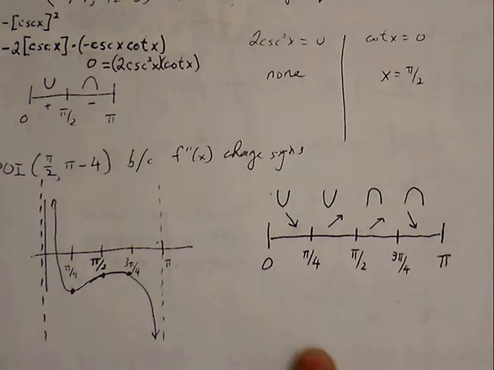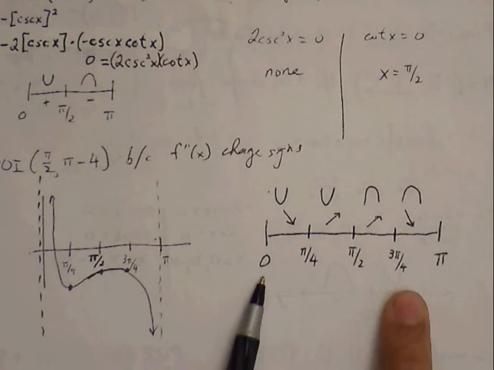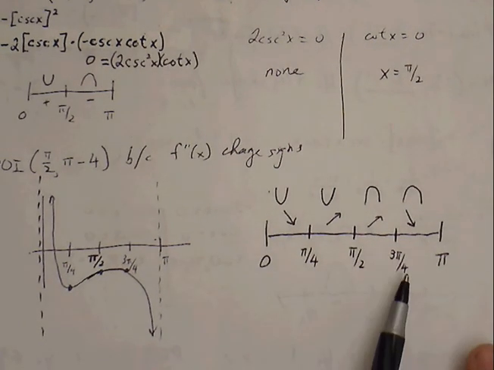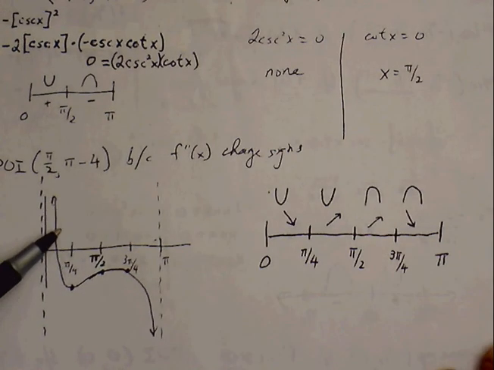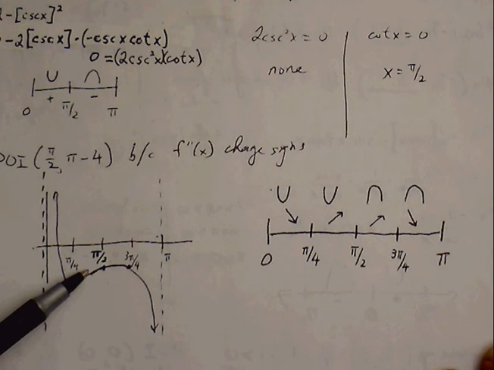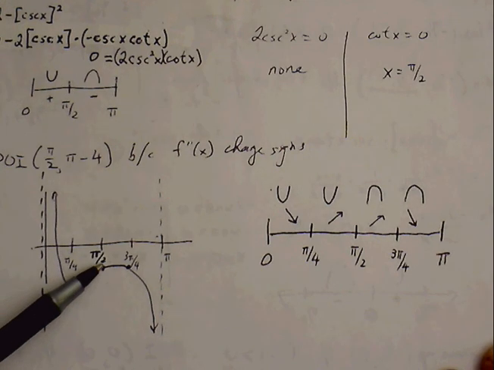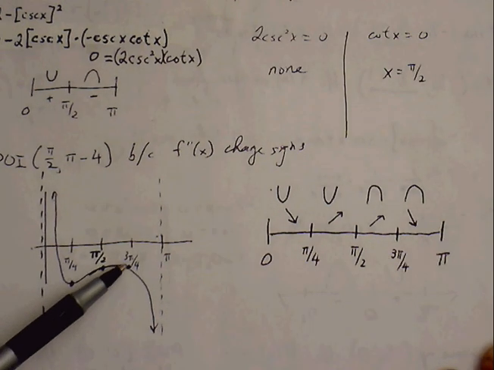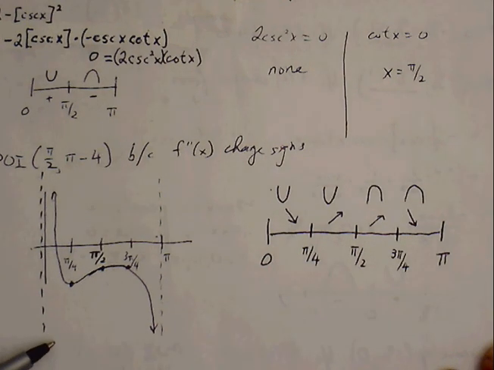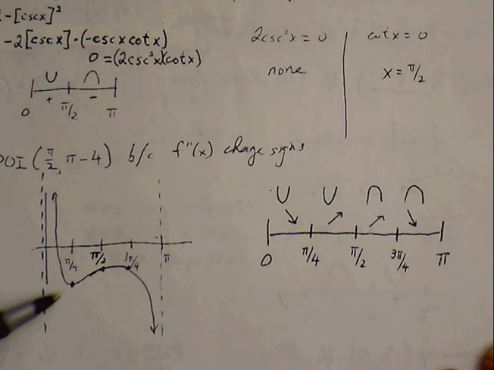So we just follow the graph's information, concavity and slope: decreasing, concave up, increasing, concave up, hits a point of inflection, increasing, concave down, and then decreasing, concave down, with asymptotes at 0 and at pi.